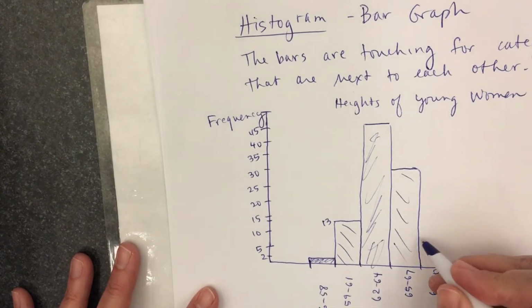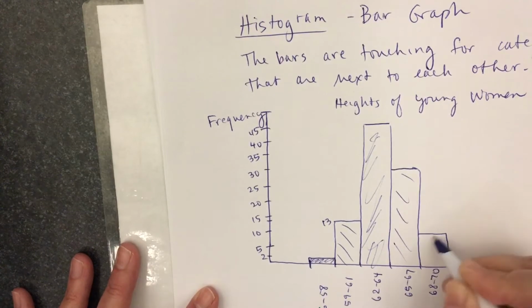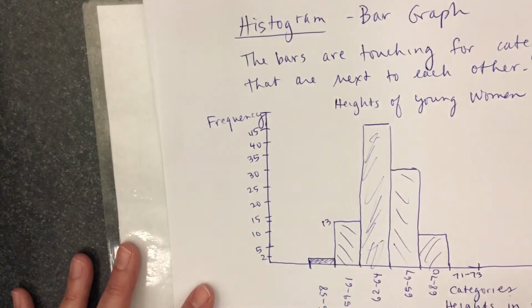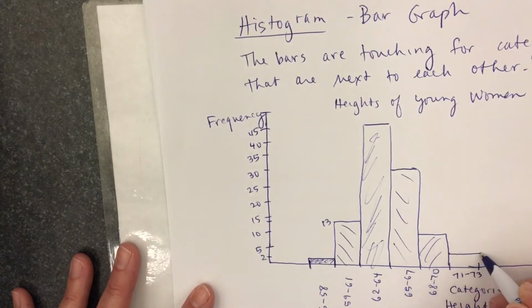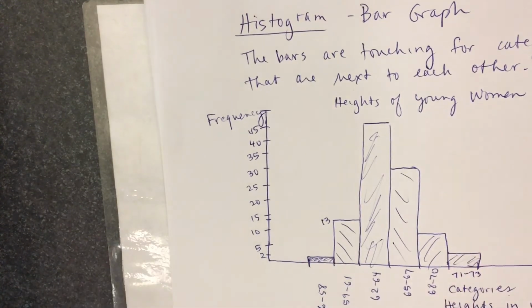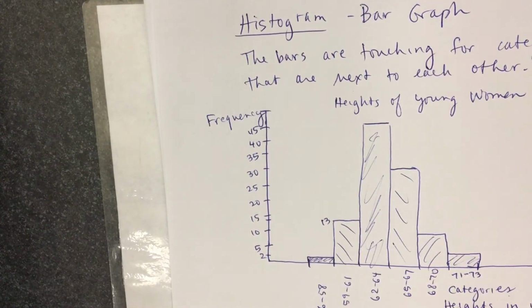The next one, 9. And then 4. So a histogram showing the heights of the young women in the class.